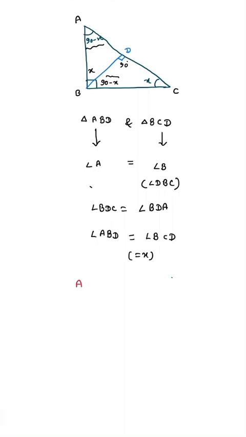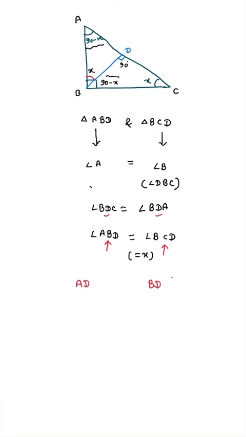Now when we are trying to write the angles or the similarity expression, it is important that we write in correct form, correct sequence. Now A is corresponding to B and D is corresponding to D, because both are 90 degrees and D is a common point in both triangles.